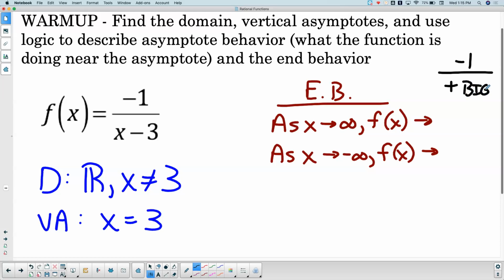And that big positive number is going to get bigger and bigger, so it's going to go to 0. Negative divided by a positive remains negative, so it's going to go to 0 from below. That's why I was hoping everybody was thinking still.